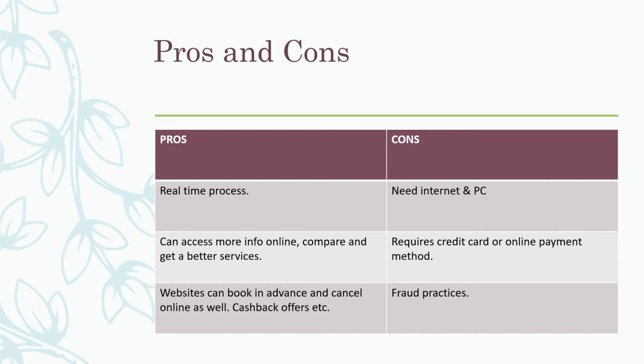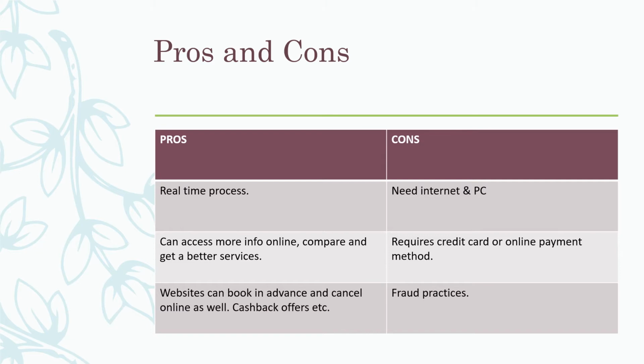So we have to book online a few days before the actual holiday, so that we get the proper seat. These are all real-time processes, which means the data is being updated every second. So this kind of information is available in the case of e-reservation.